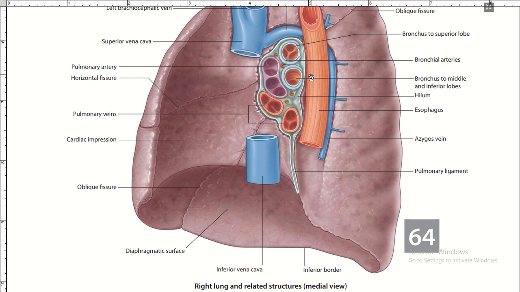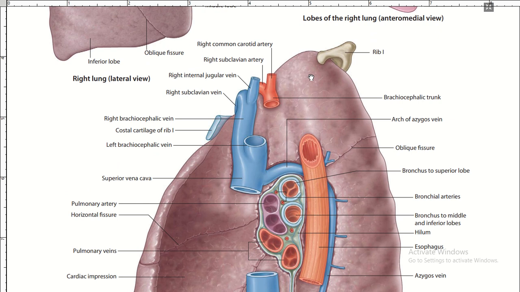One, bronchoconstriction, this is parasympathetic. Bronchoconstriction, vasodilation, secretomotor activity. That's parasympathetic. Sympathetic, we have a bronchodilation, vasoconstriction, inhibition of secretion. That's sympathetic. Coming from the pulmonary plexus. You understand now? Good. Done with the nervous supply.